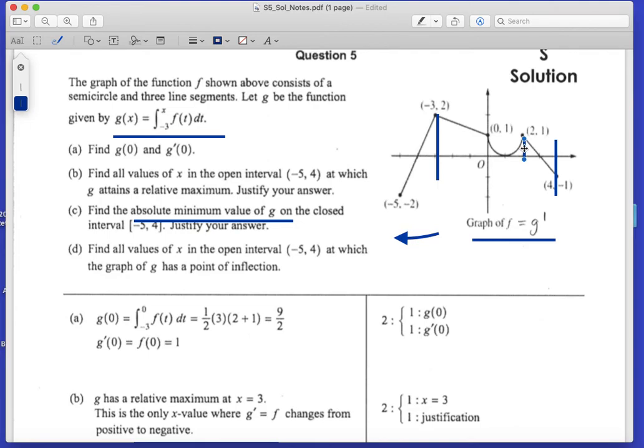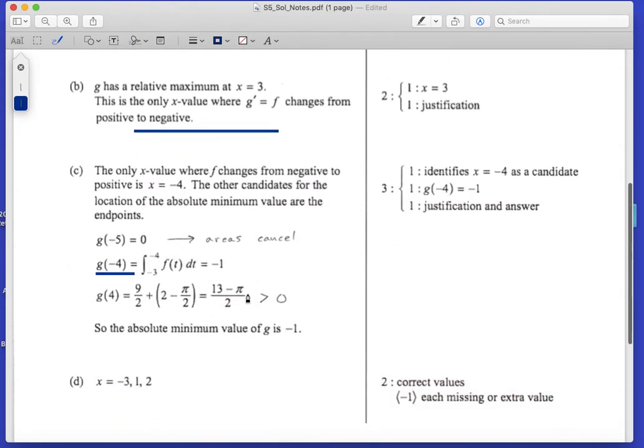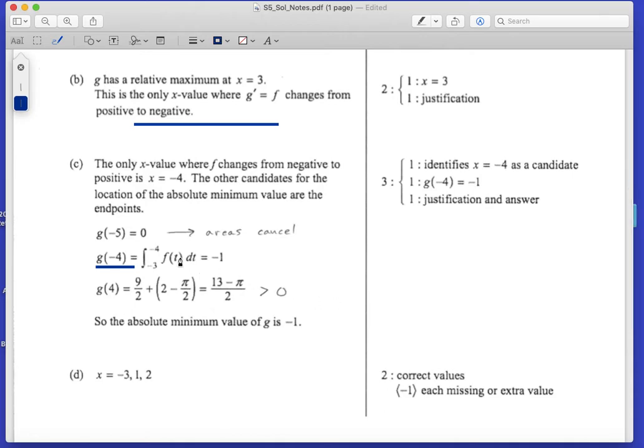So I know that g of 4 is positive, guaranteed. Well, g of -5 is 0, g of -4 is -1, and g of 4 is positive, so -1 has to be the absolute minimum.